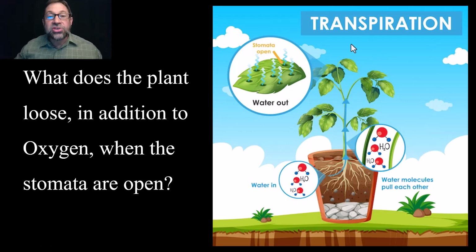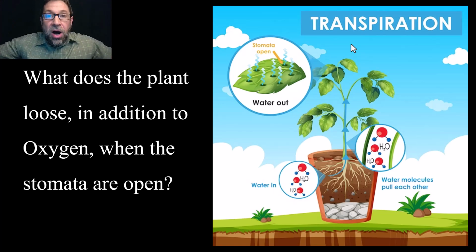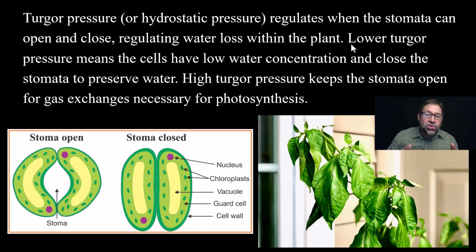Remember, transpiration is the one-way movement of water from roots up through the stems, the xylem in the stems, and out through the stomata. So it's actually turgor pressure or hydrostatic pressure that is regulating the opening and the closing of the stomata, and thus regulating the osmotic balance in the tissues of the plant.